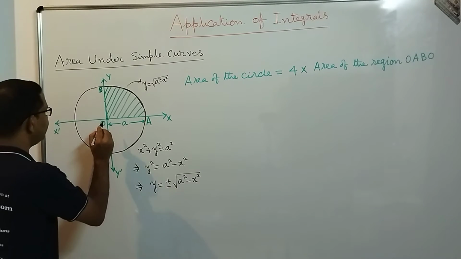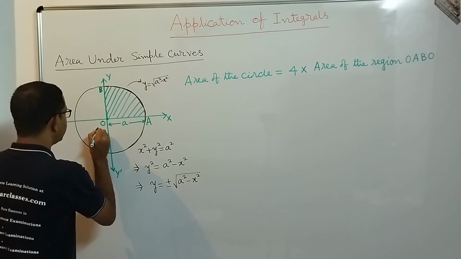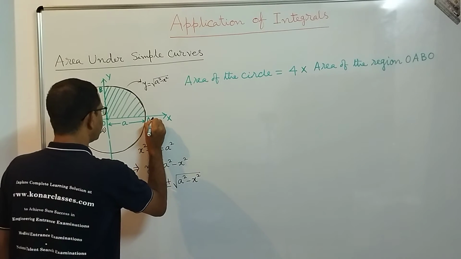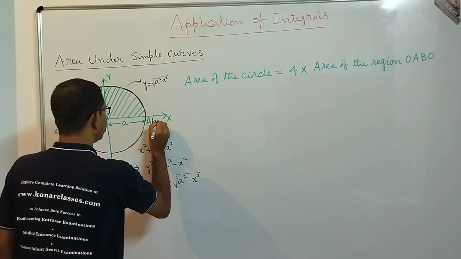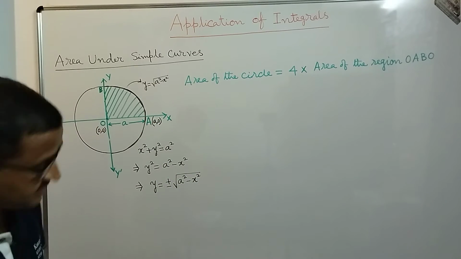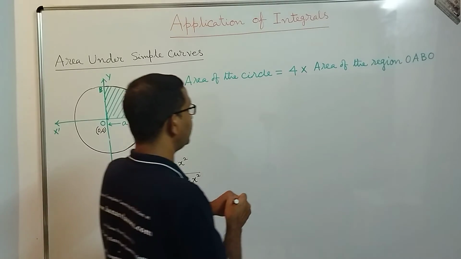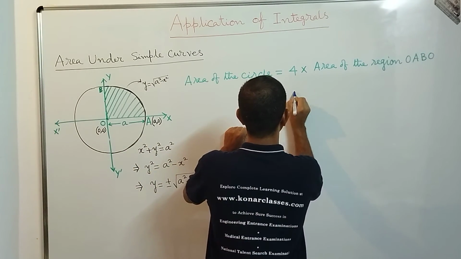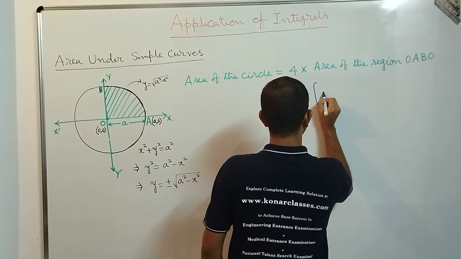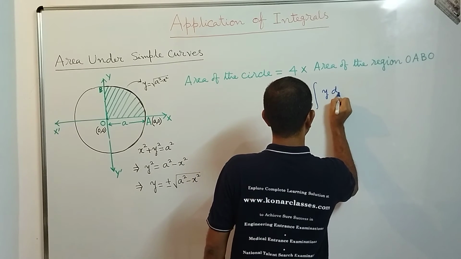Now how to find the area? What are the coordinates of the origin? 0, 0. And what are the coordinates of the point capital A? It is lowercase a, 0. So we have learned a few minutes back what the area of this region OABO is. That should be equal to 4 times the integration of y dx.